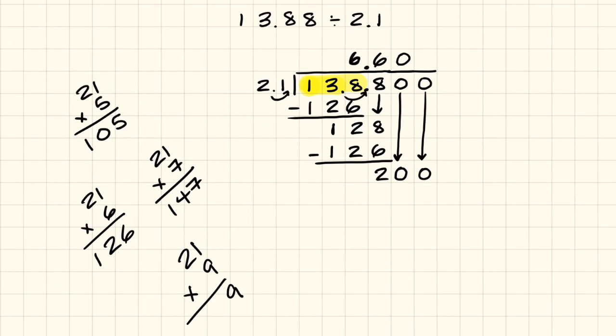Let's take a look at it. 189, that's as close as we're going to get without going over. Put a 9 there, 189 minus, and then we're going to regroup across the zeros here. So 10 minus 9, sorry, 1, so we would get 11.